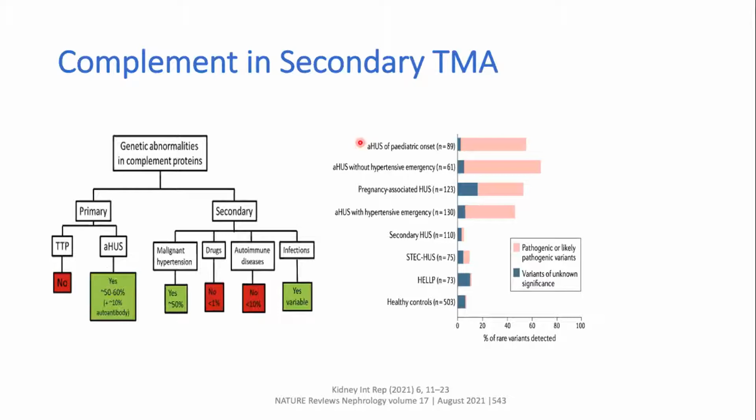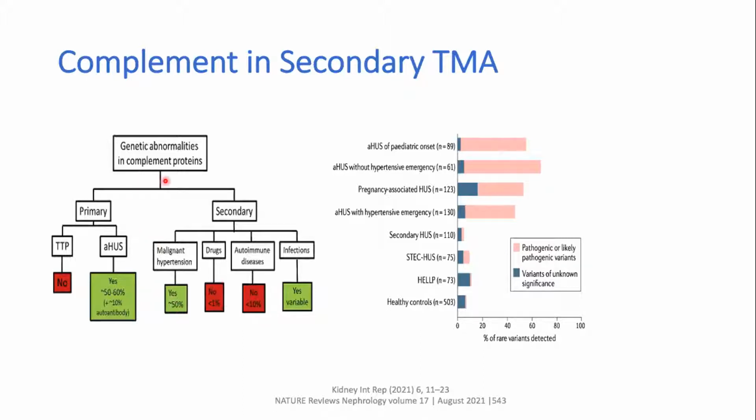So, as suggested in one of the previous analyses, primary atypical HUS has a higher incidence of complement gene abnormalities. This group is followed by the malignant hypertension population, which also has a higher percentage of complement gene abnormalities.